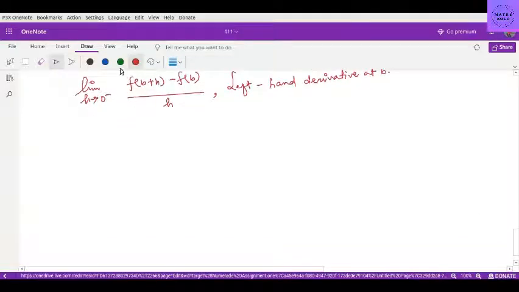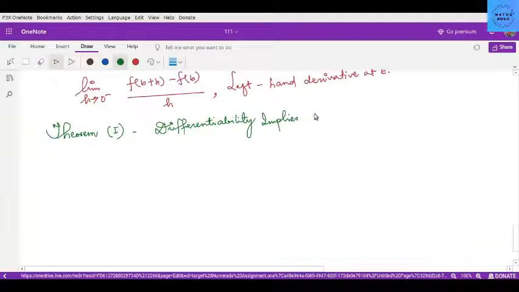Now we have the theorem. So this is theorem first. This is differentiability implies continuity.